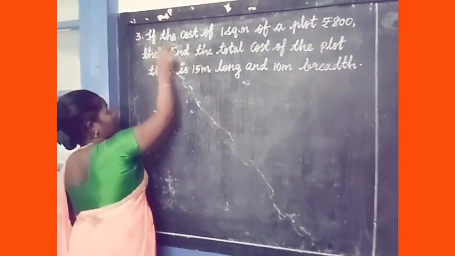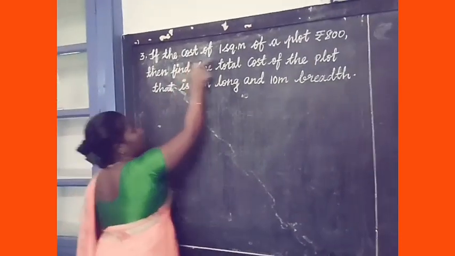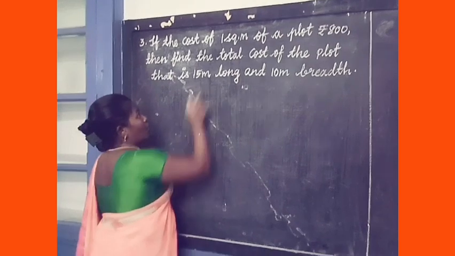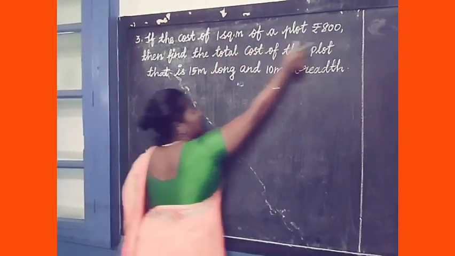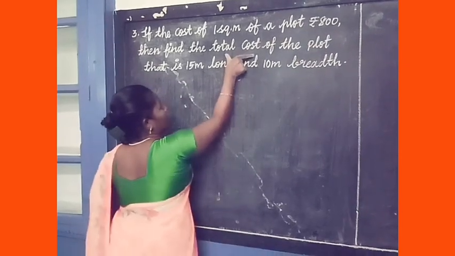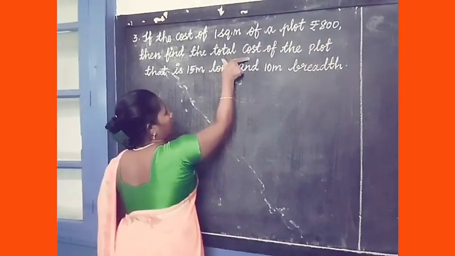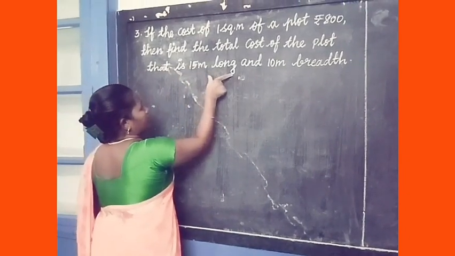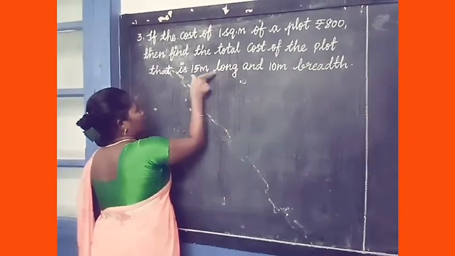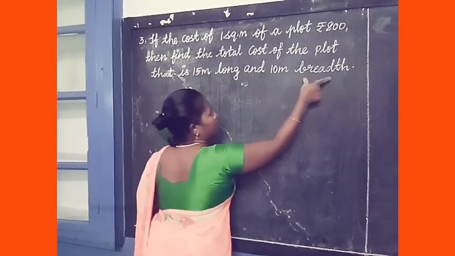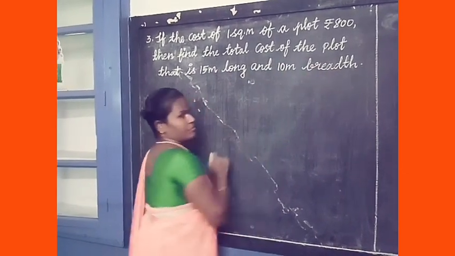The given values are cost of the 1 square meter of a plot value is given. 1 square meter plot value is rupees 800, means we have to find total cost. Total cost of the given plot value is 15 meter long means length value is given. So 15 meter length value and 10 meter breadth value, plot value we have to find.